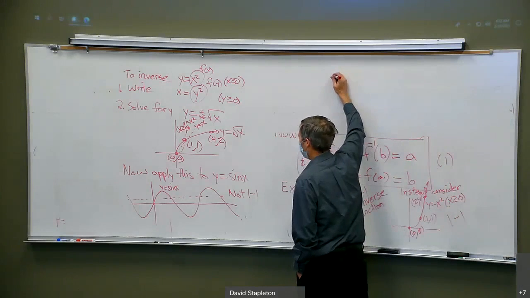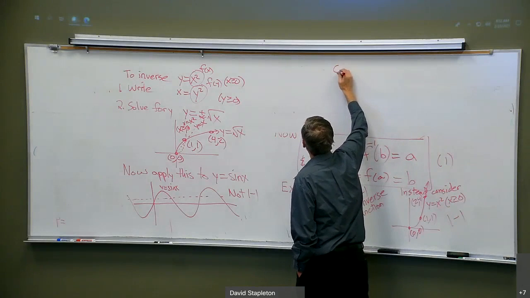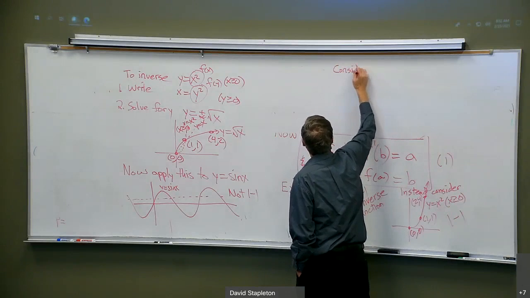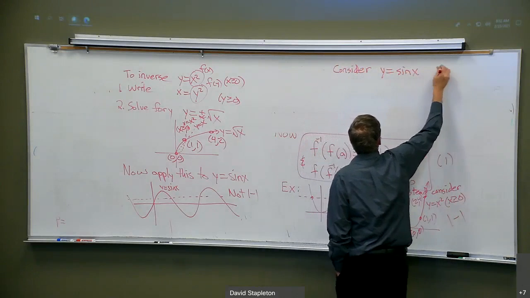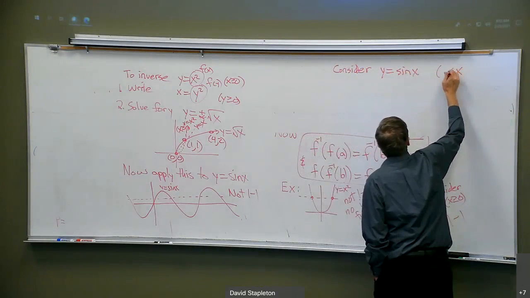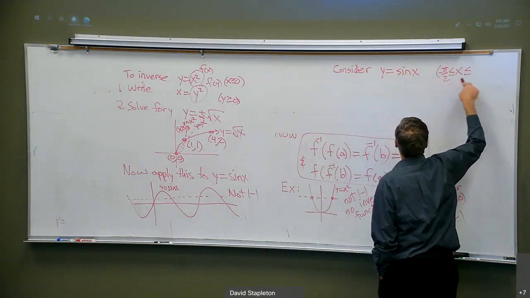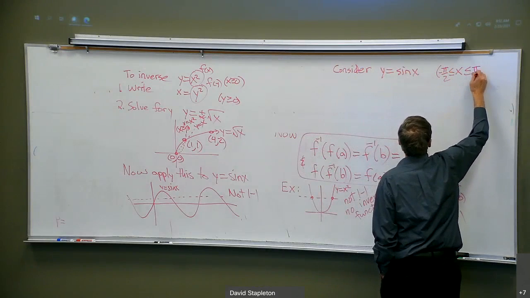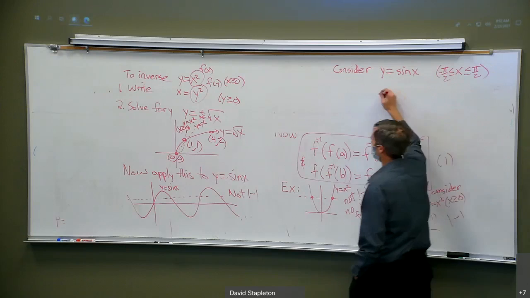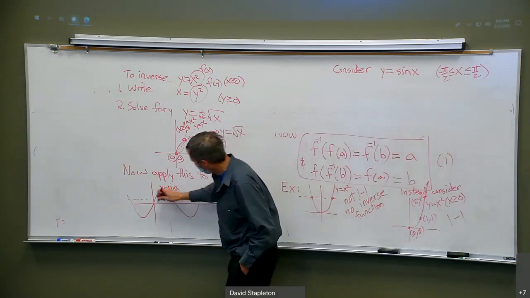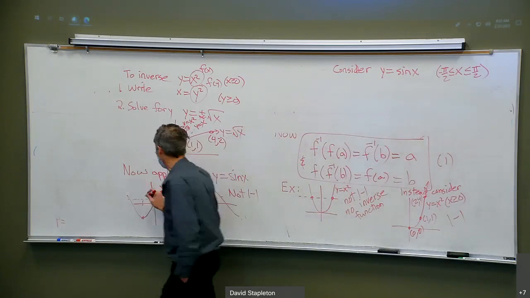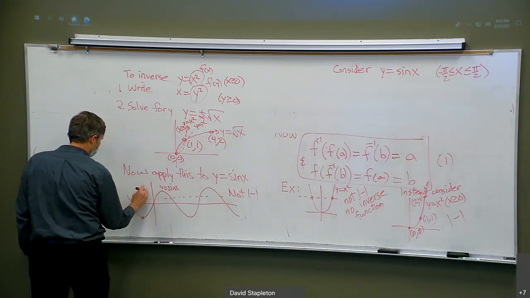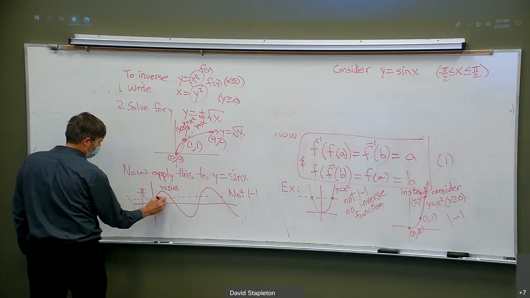So now, consider just the piece of sine x, y equals sine x only for x between minus pi over 2 and pi over 2, doing it in radians. So it's between plus and minus 90 degrees, if you like degrees. What does that look like? This was minus pi over 2 here, right? Where sine was minus 1.